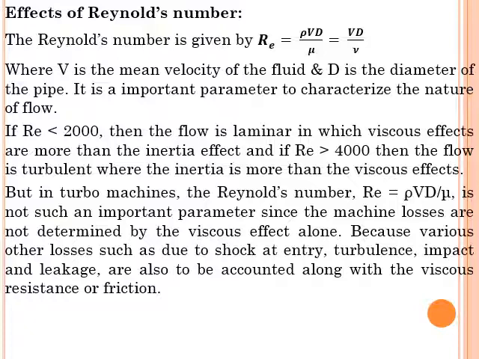Losses occur due to the shock at entry, turbulence of the fluid, the impact, and leakage of the fluid from the turbine. For that reason, the Reynolds number is not a very important parameter in turbo machines, because many other resistances and friction are accounted for during the calculation of the performance of a turbo machine.